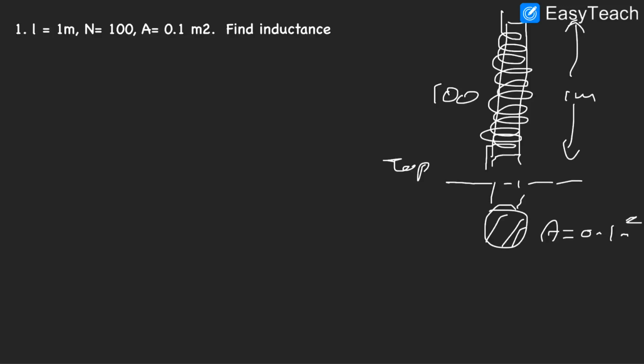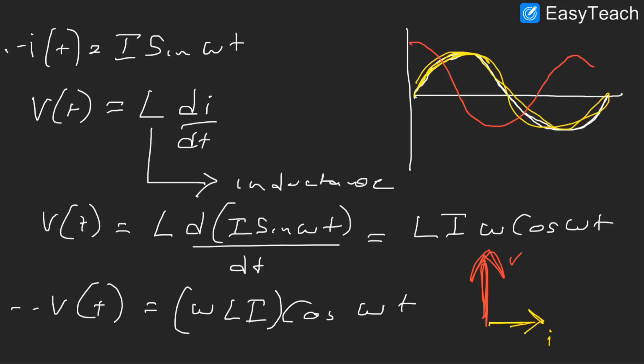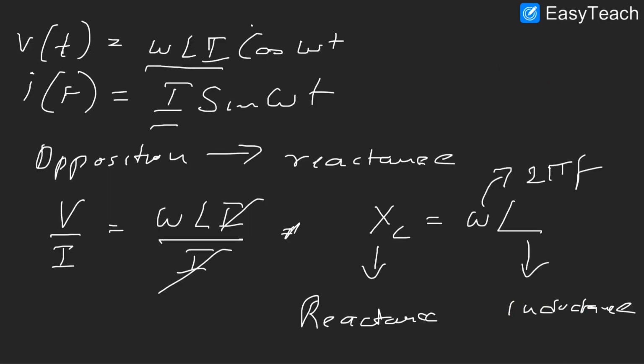So we are being asked to find what is the inductance. So if you guys remember, inductance is a term that relates the induced voltage to the rate of change of current. So the faster our current changes, the more our voltage is going to be, but we need a term that relates to it. So that is our inductance.